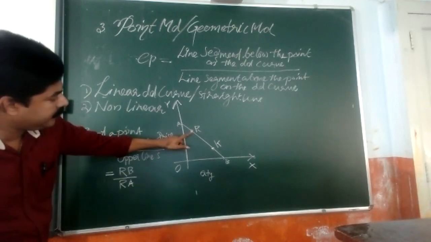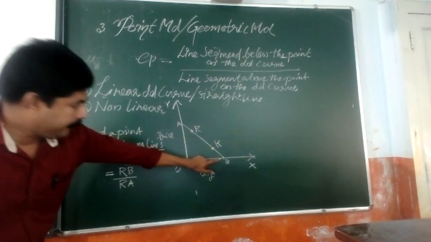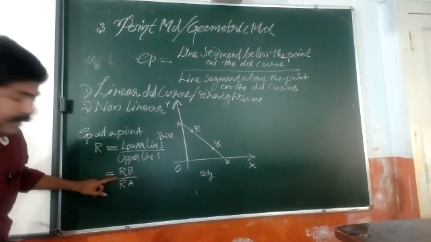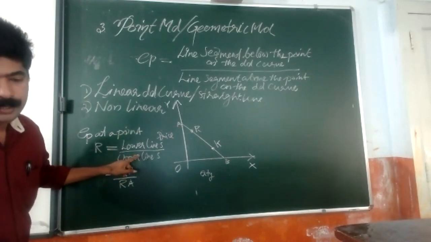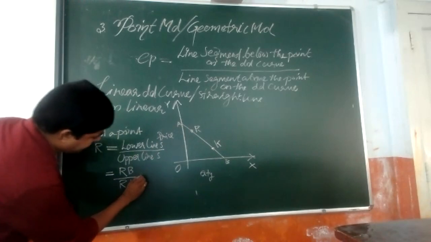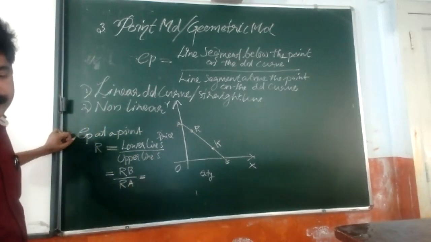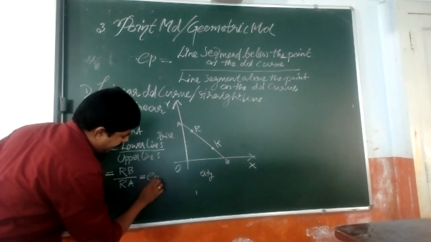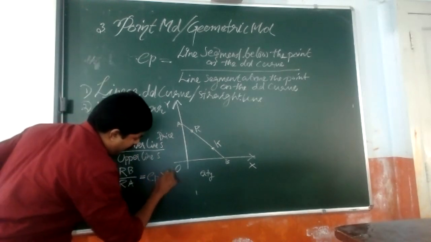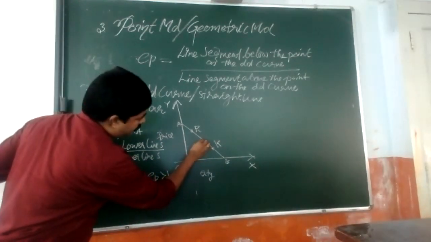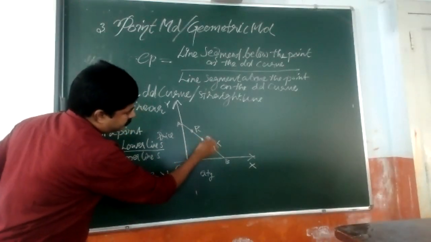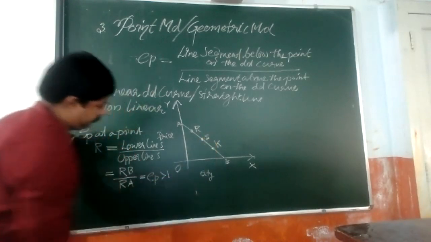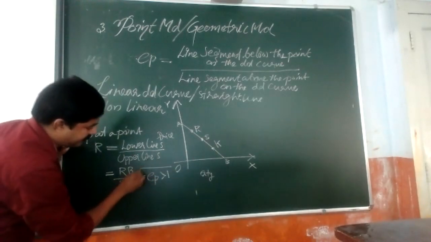Lower line segment is RB, upper line segment is RA. We have written like this because this is the formula. And that means the elasticity is greater than 1. One more point I am noting, point S.